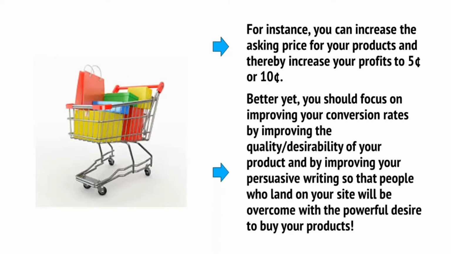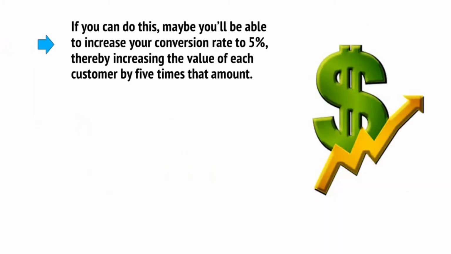Better yet, you should focus on improving your conversion rates by improving the quality or desirability of your product and by improving your persuasive writing so that people who land on your site will be overcome with the powerful desire to buy your products. If you can do this, then maybe you'll be able to increase your conversion rate to 5%, thereby increasing the value of each customer by 5 times that amount.